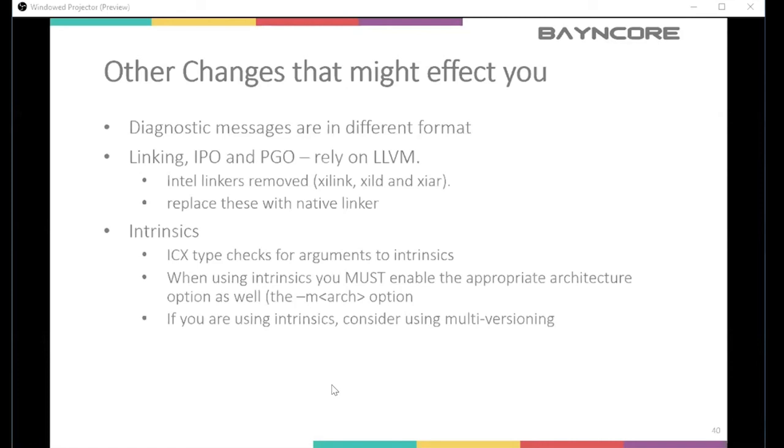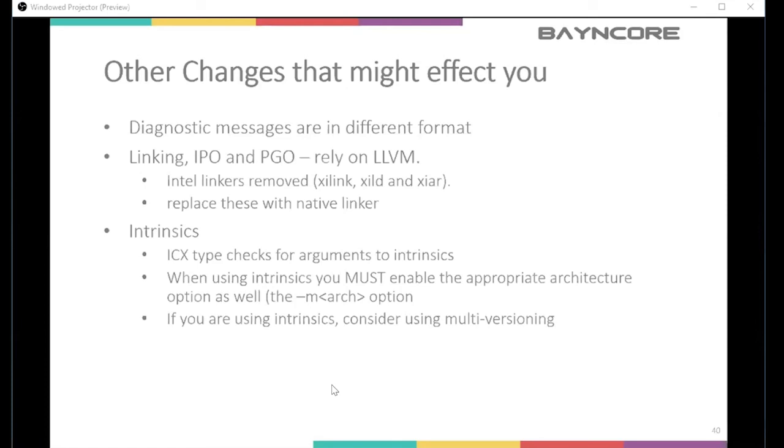The third thing is that I mentioned earlier that the intrinsics were supported in the old and the new, but LLVM is much stricter at parsing any code. With the classic compiler, you can get away with having wrong types for your arguments. But with LLVM, it does type checking.